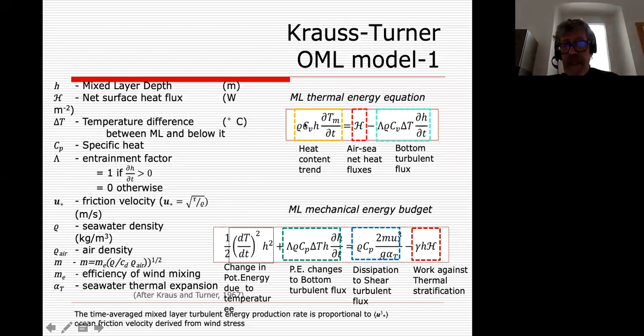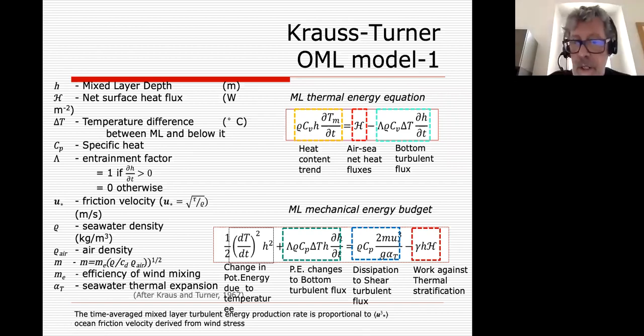You have the thermal capacity multiplied by the density, which means the mass per unit volume, multiplied by H. This means it is integrated all over the water column, and this is the time rate of change of the temperature of the mixed layer.